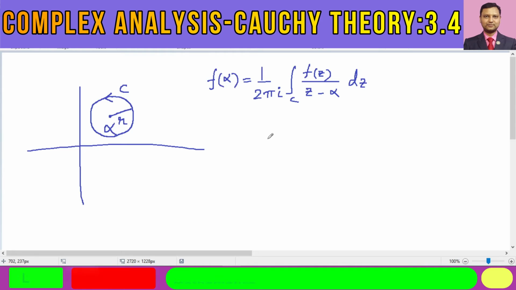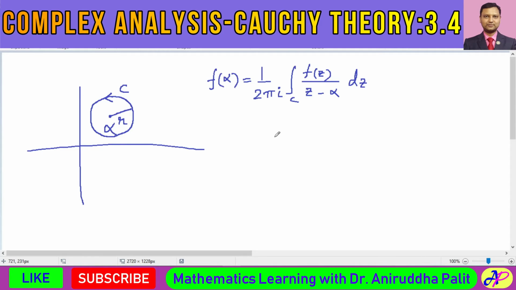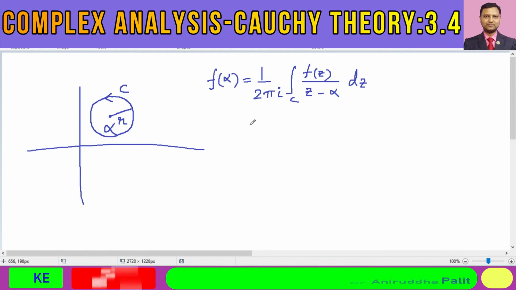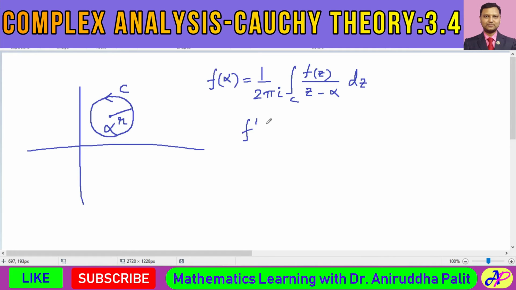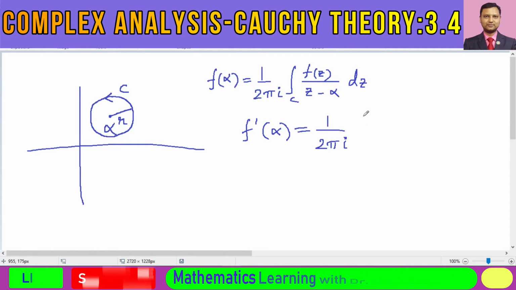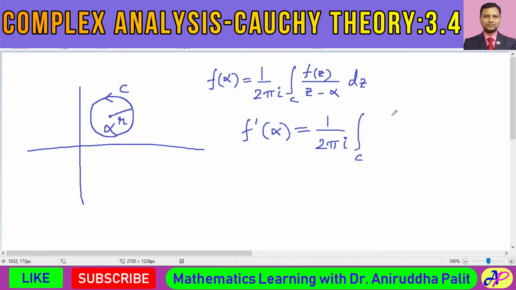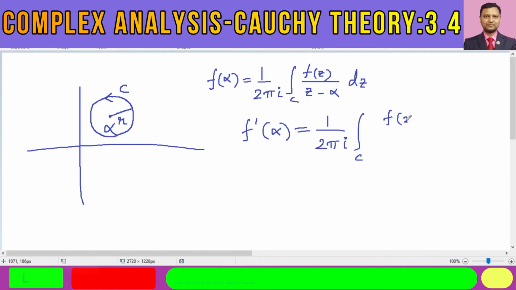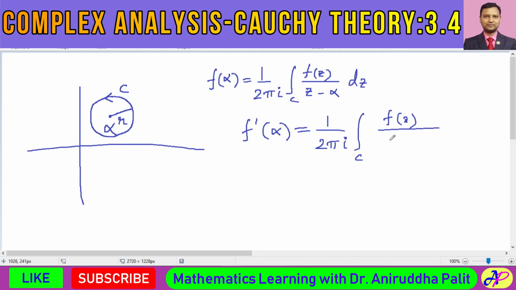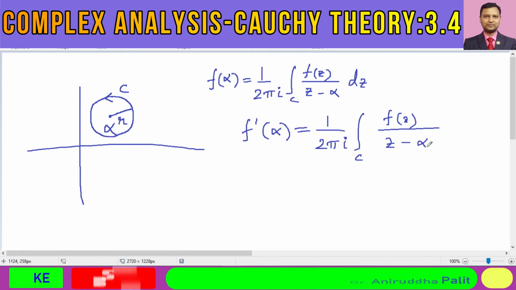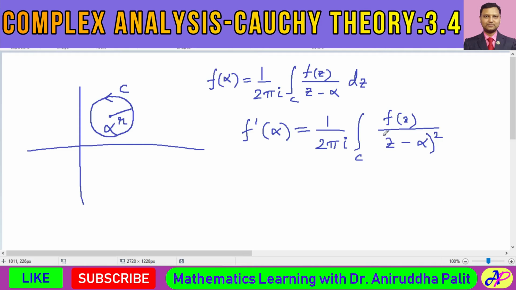And we also already got the expression of f dash alpha. What was the expression of f dash alpha? 1 by twice pi i integral over C f of z divided by z minus alpha whole square dz. This is the expression we have.